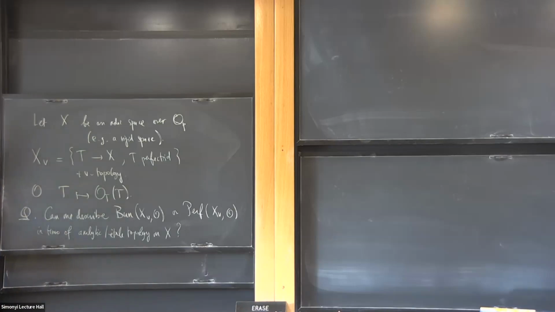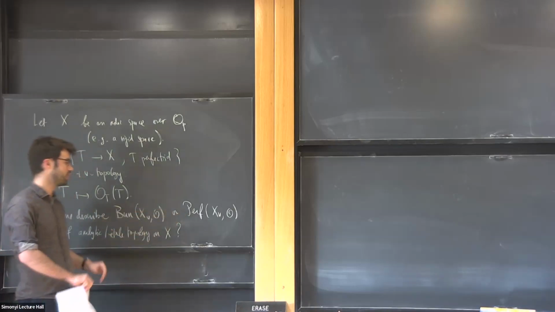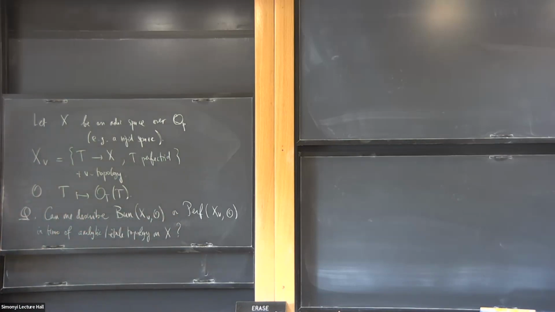All right, so this v-topology is a very fine topology. So a priori, we are considering objects which become trivial locally only in this topology, on maybe very large covers. And we'd like to see if we can understand this category in terms of maybe more familiar topologies.